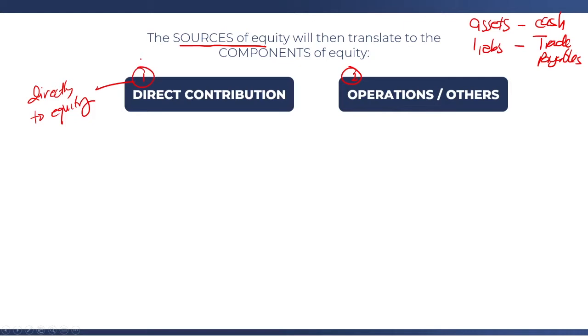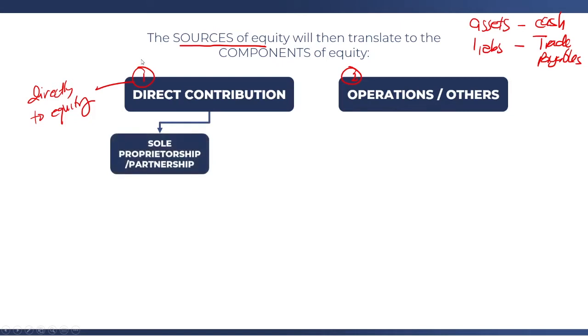And discussion will depend on this. If this is a corporation or other type of companies like sole proprietorship or partnerships. So if you own a small business and you are not registered as a corporation, you will be interested mostly on this first part.